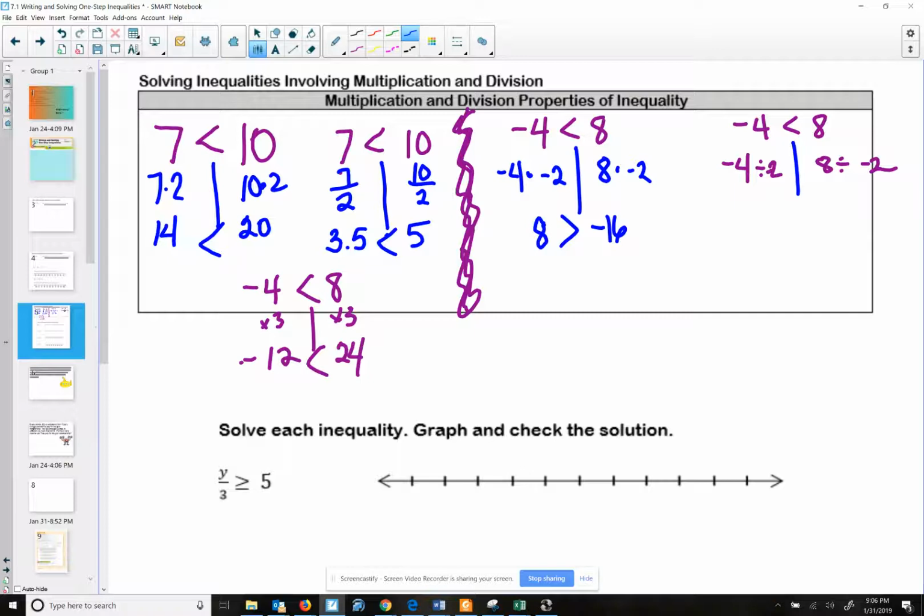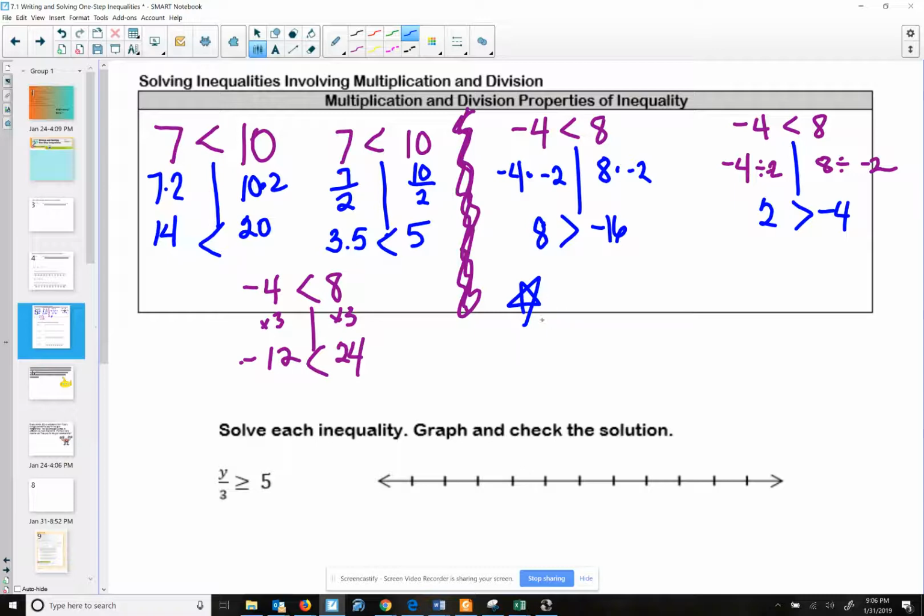But this, look what happens. -4 divided by -2 on the left-hand side of this inequality here is +2. Over here, 8 divided by -2 is -4. Is a +2 less than -4? No. So to make this a true statement, I really need to change my inequality symbol and flip it. So this becomes a very important thing, okay?